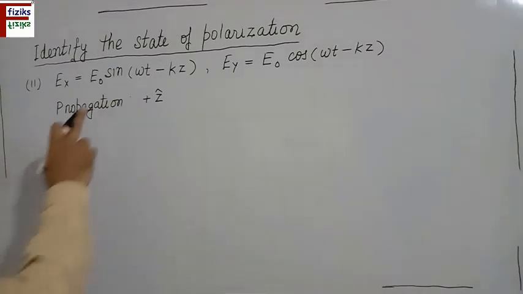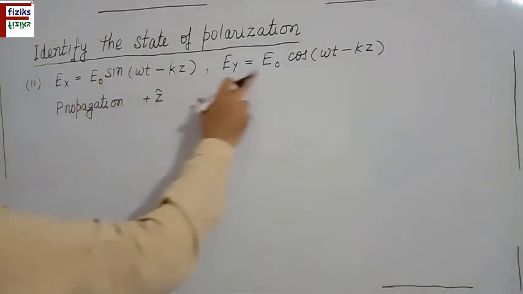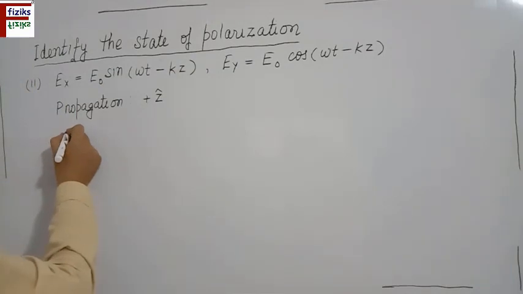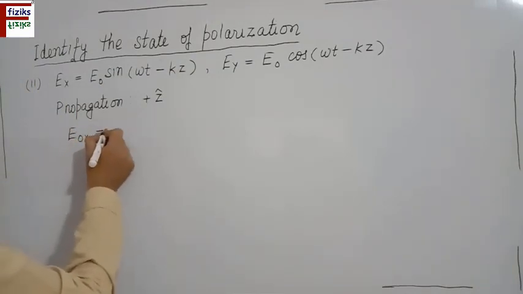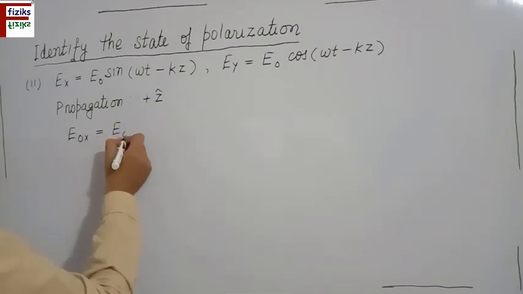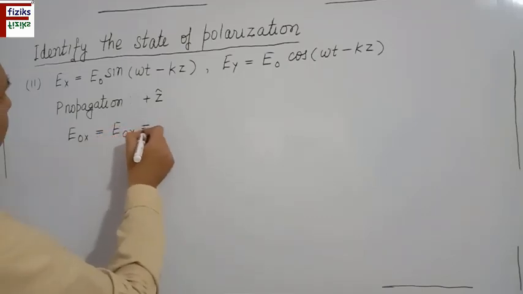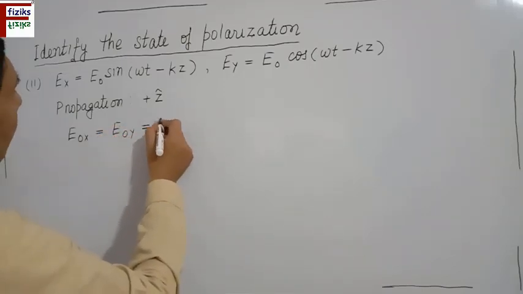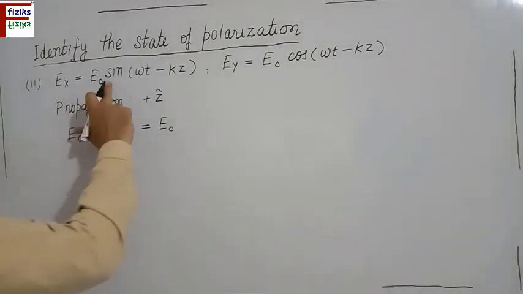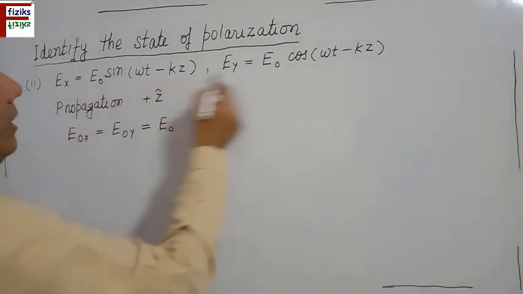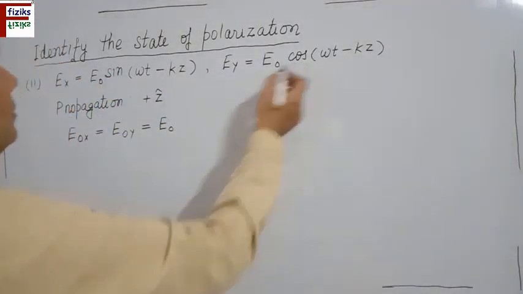Another important observation is that here this is E naught, and here this is E naught. So the amplitudes of the X and Y components are equal: E naught X and E naught Y are both equal to E naught. This is the second observation. And the third observation is that here we have a sine term and here we have a cos term.